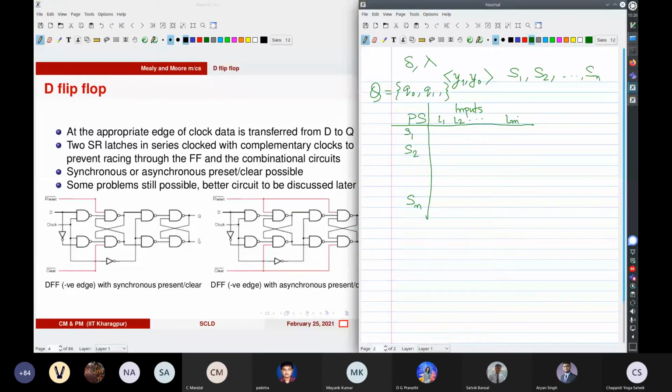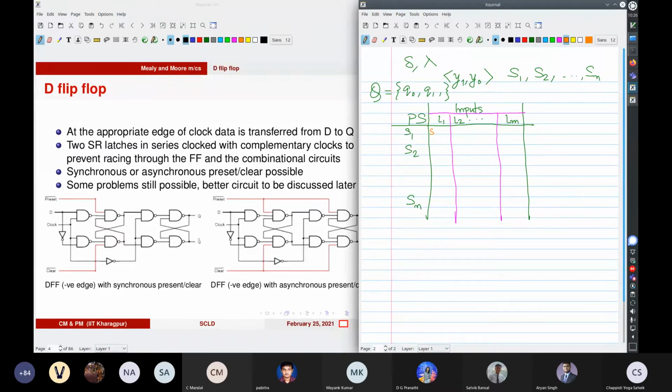You can have so many inputs. So for each input, what do you have? For each input, you can have a new state.